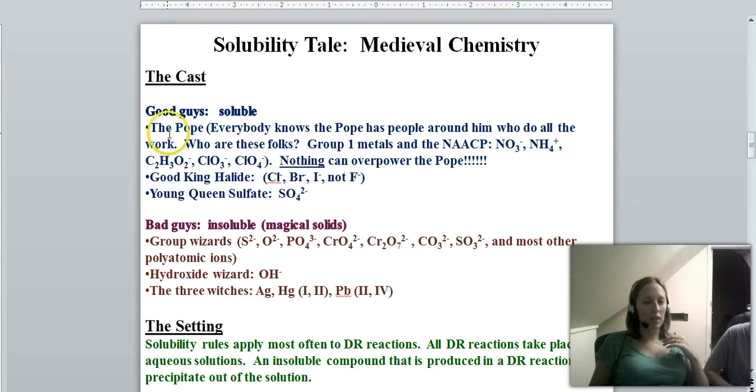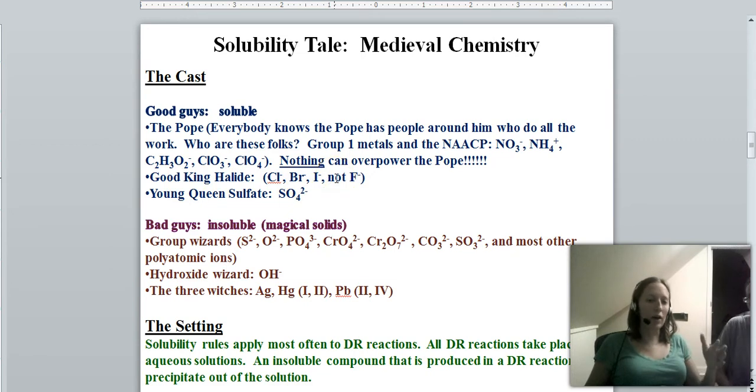The next character that you have is Good King Halide. And obviously, Good King Halide is comprised of chlorine, bromine, and iodine, not fluorine. Fluorine tends to be sort of insoluble in many cases. So Good King Halide is chlorine, bromine, and iodine.